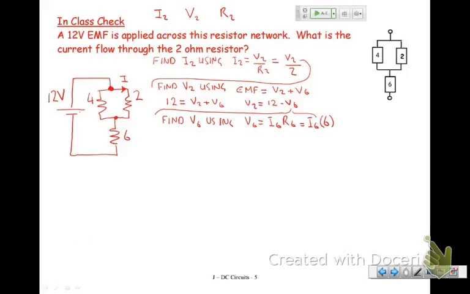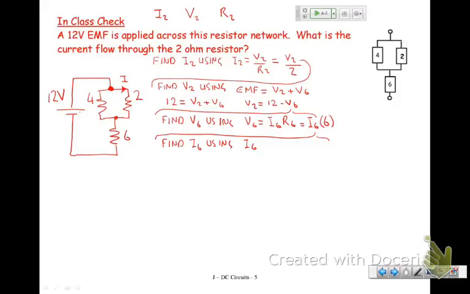But I don't know I6. Find I6 using... I've used Ohm's law, so that's not going to do any good.